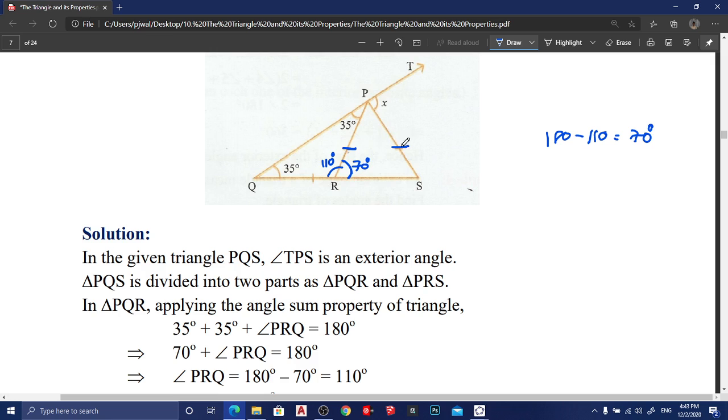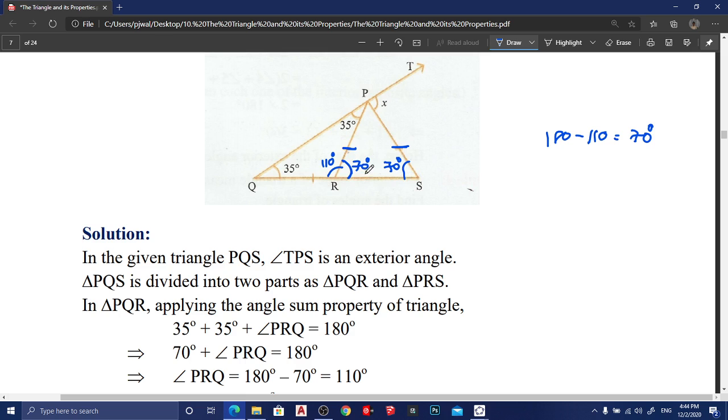These two are equal sides. The angle opposite to this side is 70, so the angle opposite to this side is also 70. By using that property, you can write that this angle is also 70 degrees.